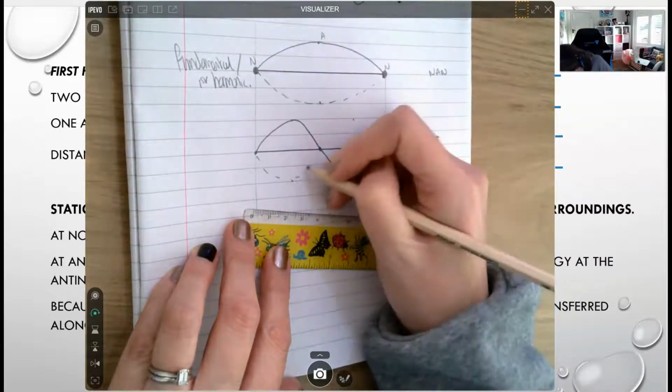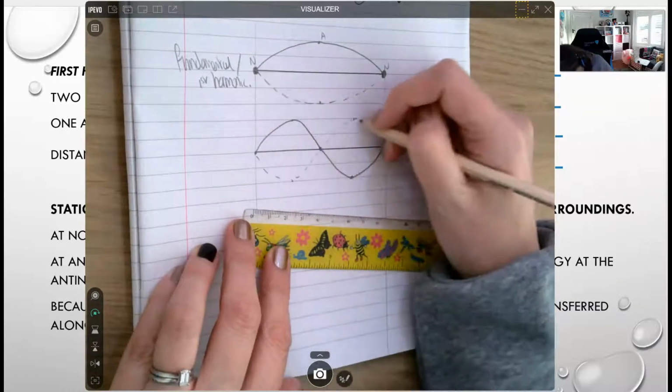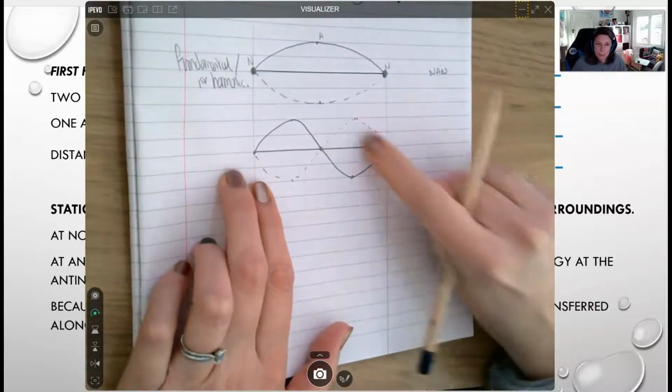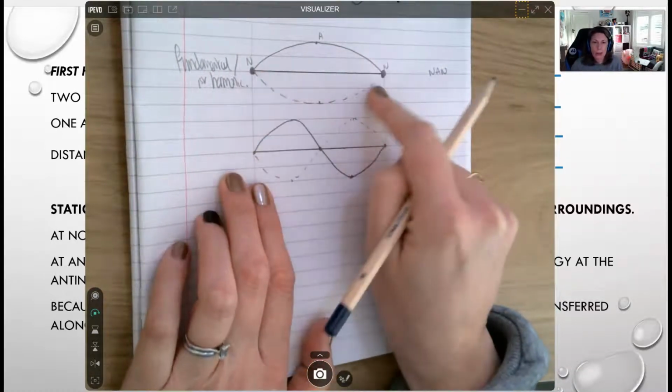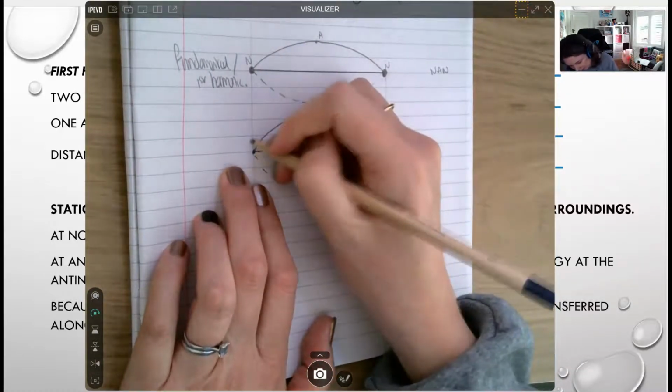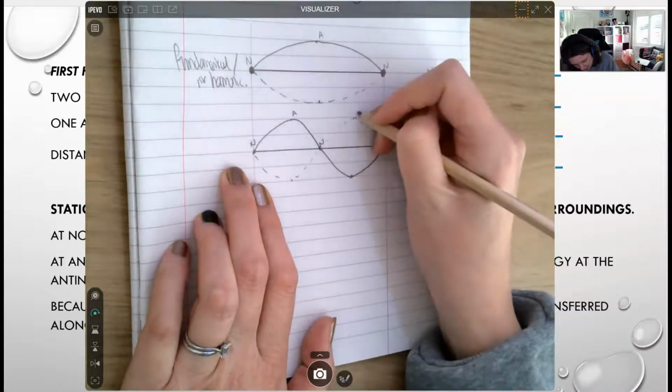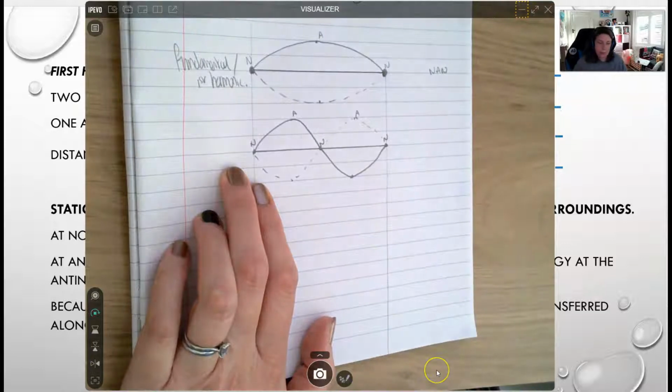Can you see how I'm plotting out where I'm going to draw the wave just to make sure it's accurate? So now you can see in the first one I had 2 nodes, and on this one I've got 3 nodes and 2 antinodes. So I've got a nanan.